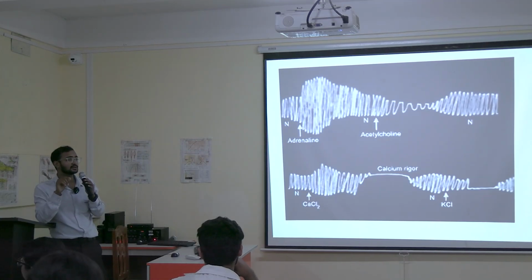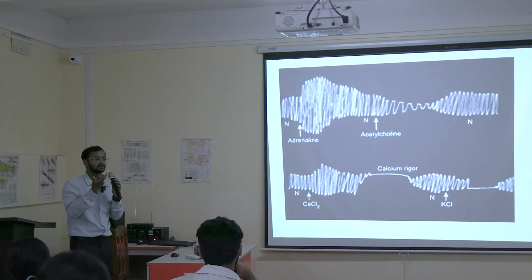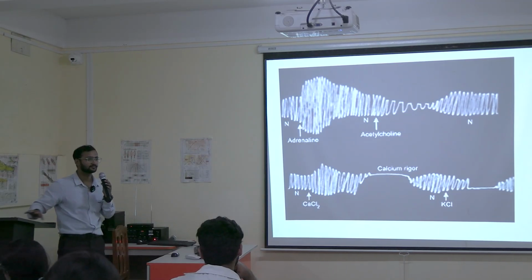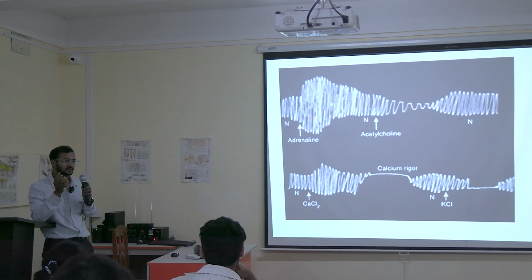So indirectly it won't be able to relax. Contraction phase is going, but the calcium ion is unable to perform that function as it is interfering. So at diastole it will fail.